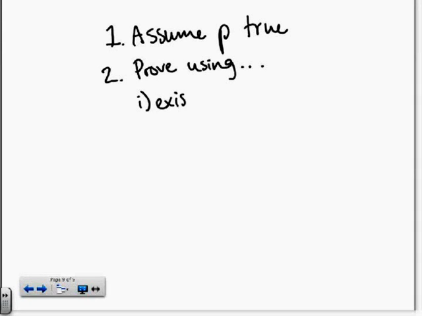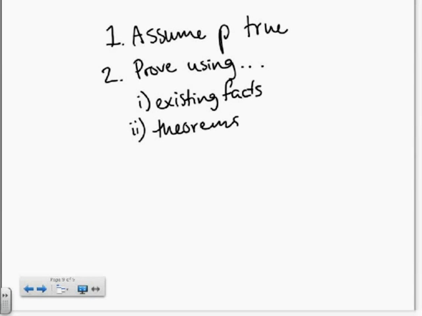To recap, the basic form of all direct proofs is to first assume that the premise is true. Then you must prove that the conclusion must also be true by using existing facts, previously proven theorems, and rules of inference.